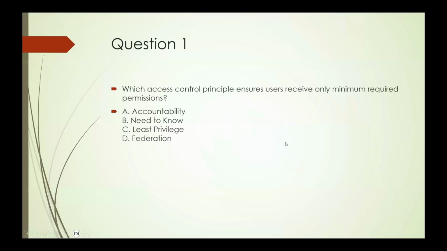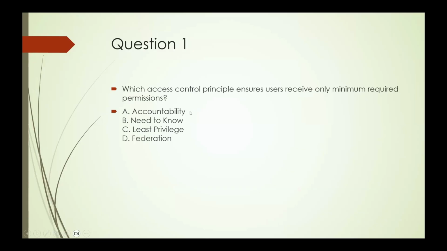After reading the question, pause the video and try to answer. If you're able to answer, it means you have clarity on the topics. Which access control principle ensures users receive only the minimum required permissions? Accountability, need to know, least privilege, or federation?